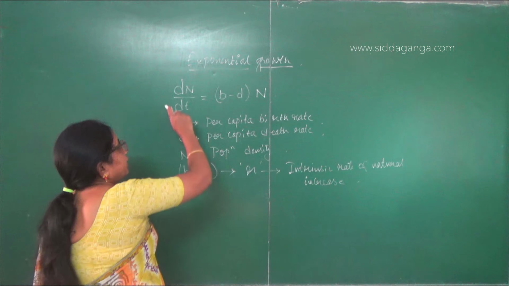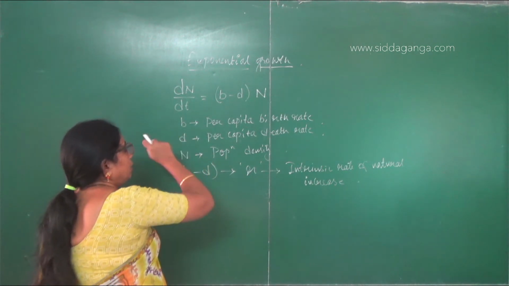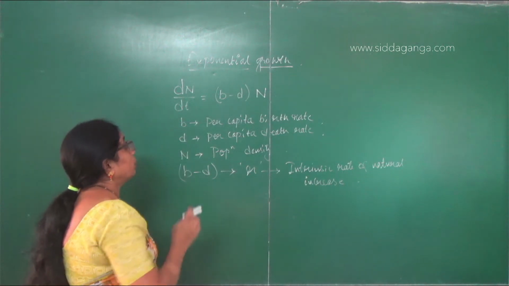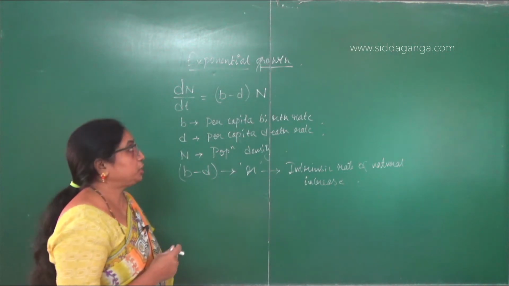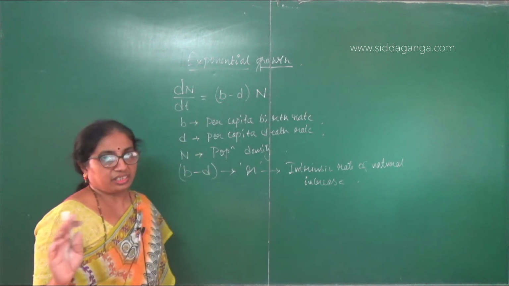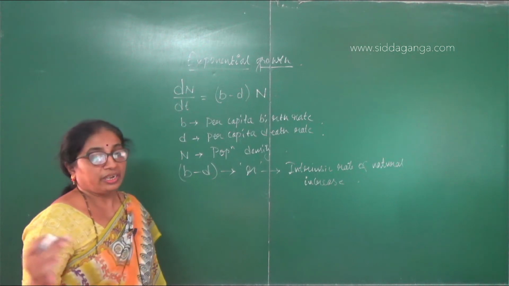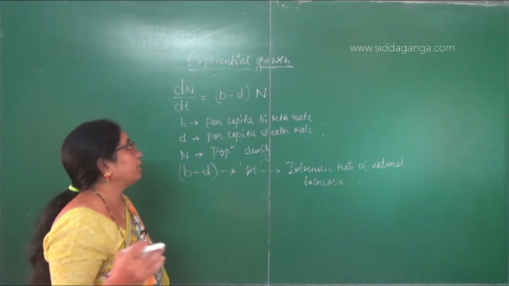So once again, the exponential growth can be calculated using this equation, or this equation can be used to represent the exponential growth curves. So dN by dt is nothing but the population growth for a given period of time t.